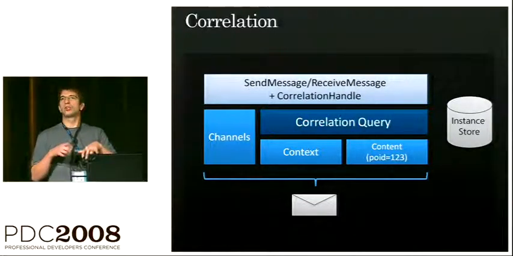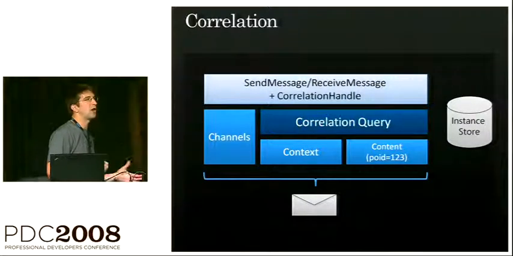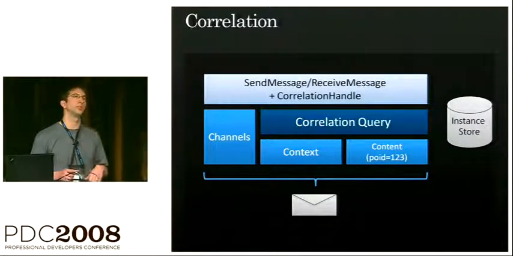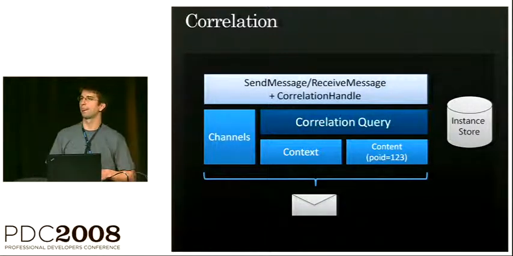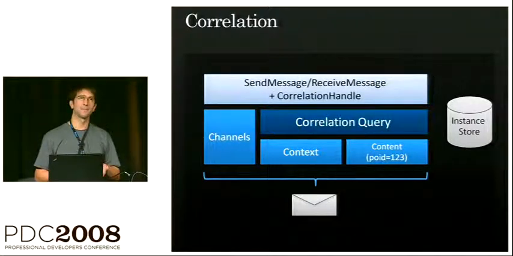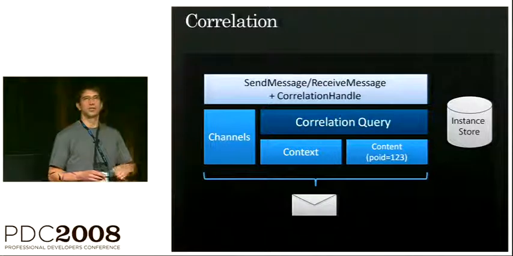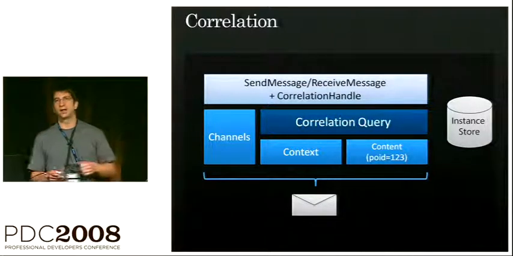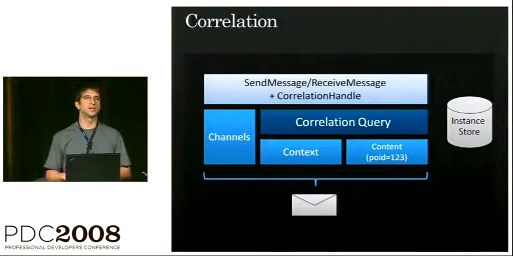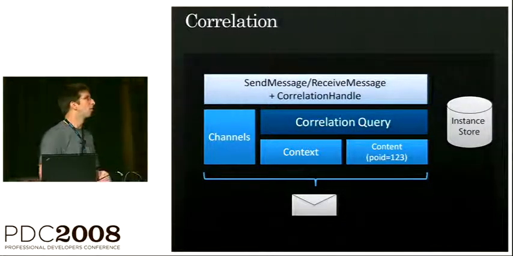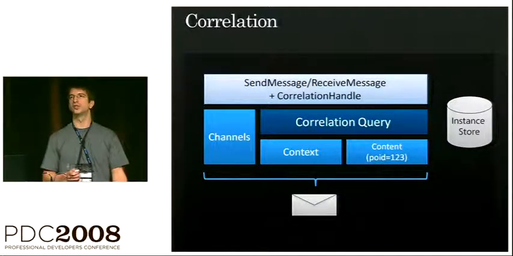Of course, higher-level exchanges are going to be modeled using these lower-level exchanges. So the service operation and the client operation that you saw in the previous examples use send message and receive message and correlation handle in their implementation. If you're familiar with the various messaging patterns that induce the need for correlation from BizTalk or other messaging experience, this correlation capability within the framework supports all of the patterns that you see in BizTalk.